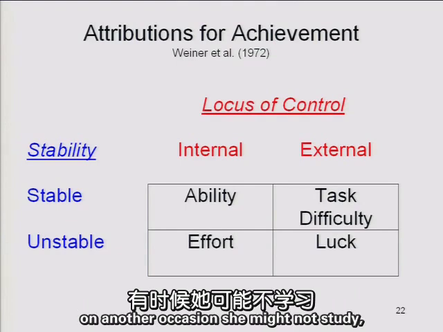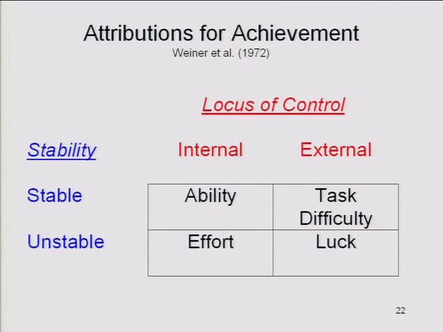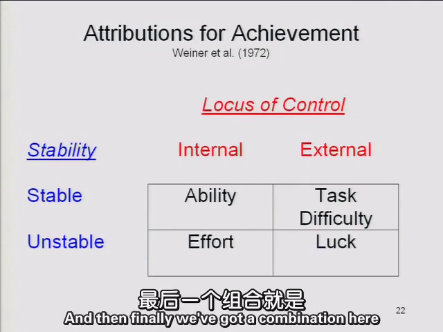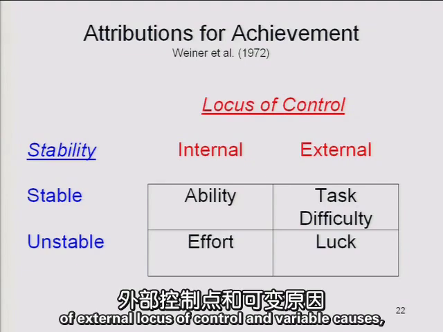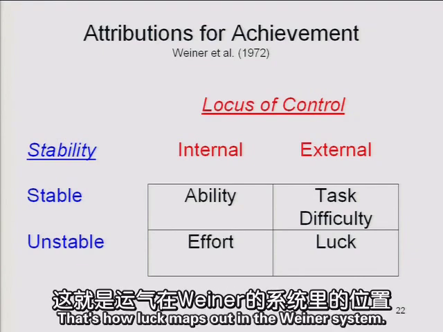On another occasion, she might not study, and the outcome might be different. And then finally, we've got a combination here of external locus of control and variable causes, which is basically just luck. That's how luck maps out in the Weiner system.